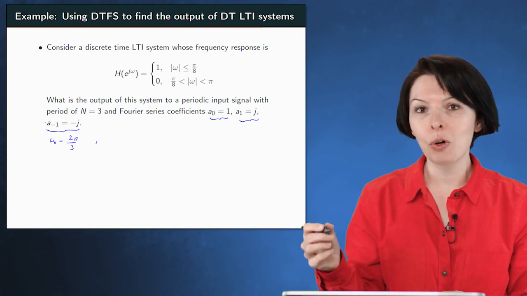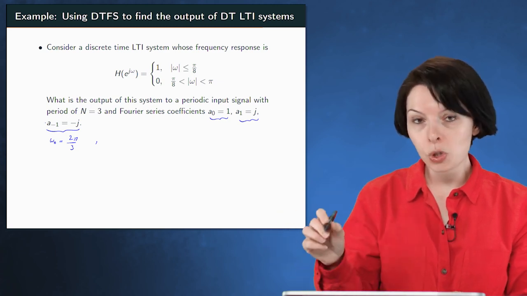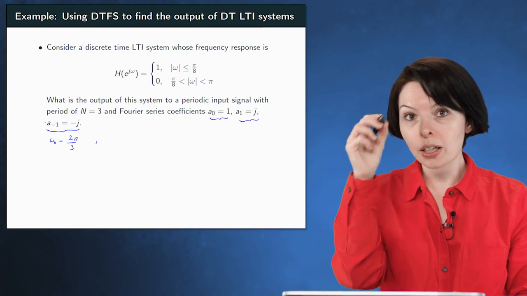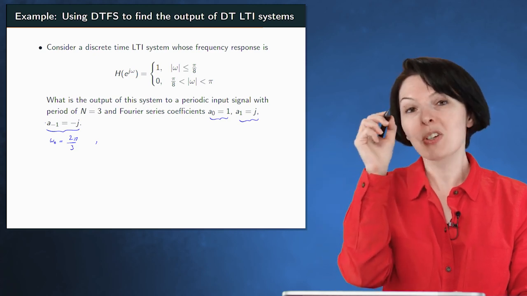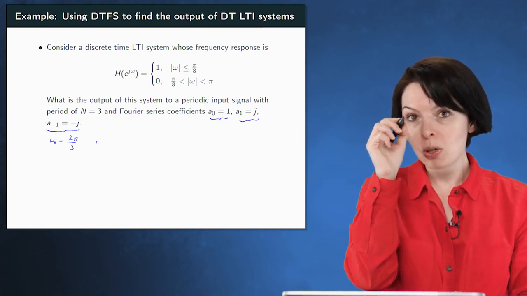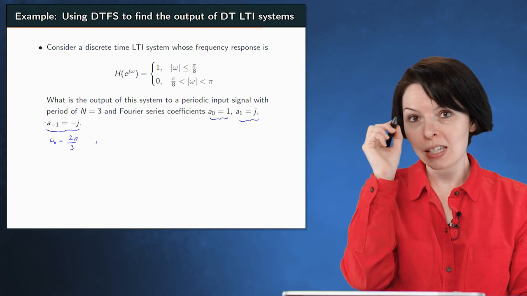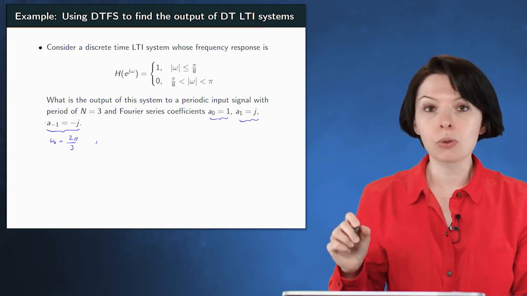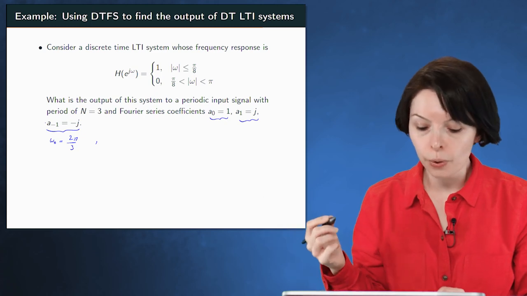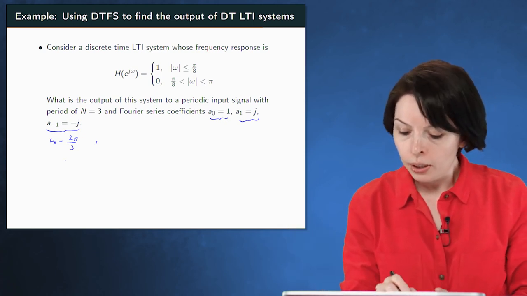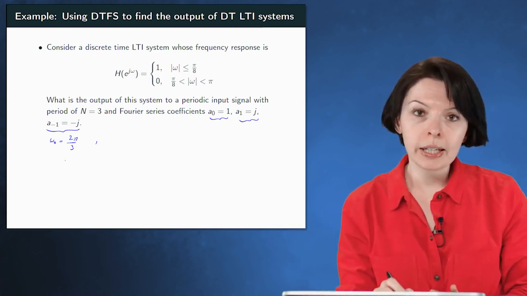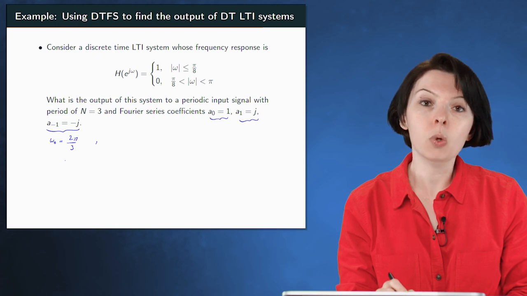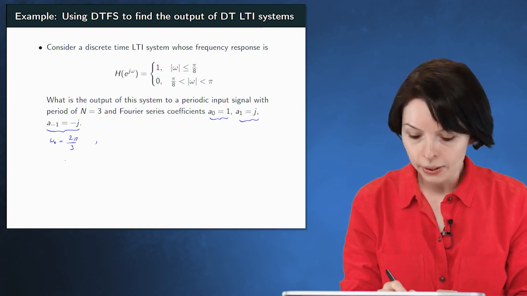It's just that b_k coefficients are equal to a_k coefficients multiplied by a parameter related to H of j omega. So if H of e to the j k omega naught is equal to 0 for any of these k values, b_k is going to be equal to 0, even though a_k is not 0. So at this point, I know that I expect to get at most 3 non-zero b_k values.